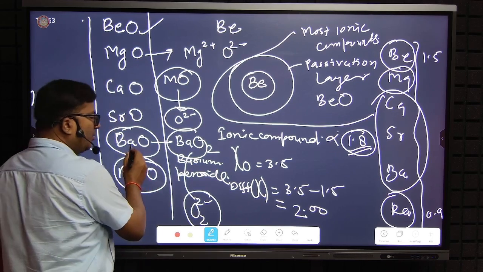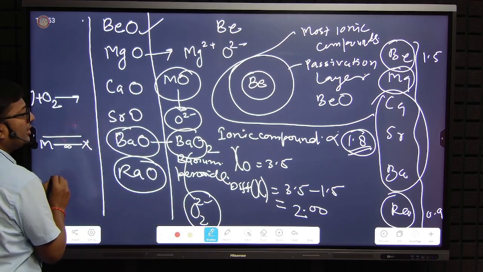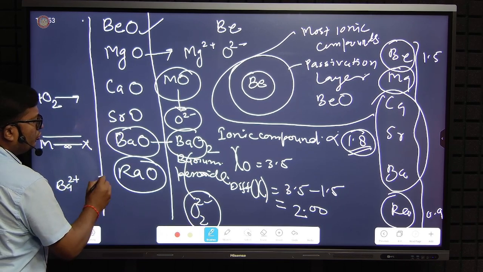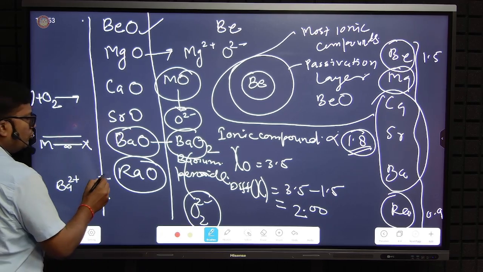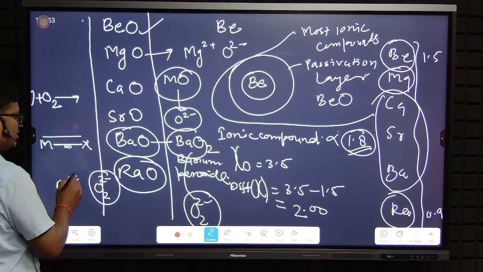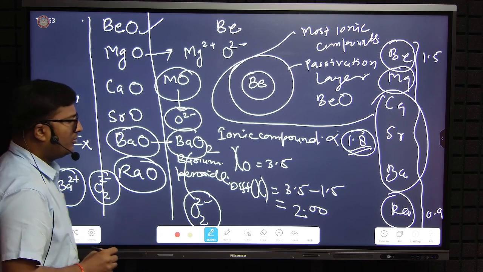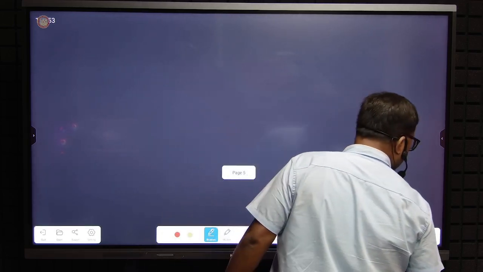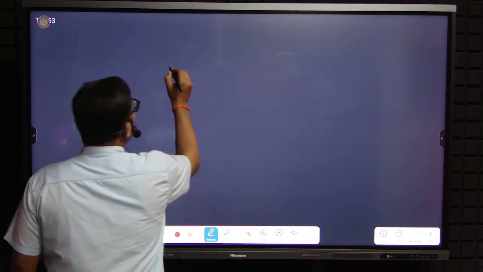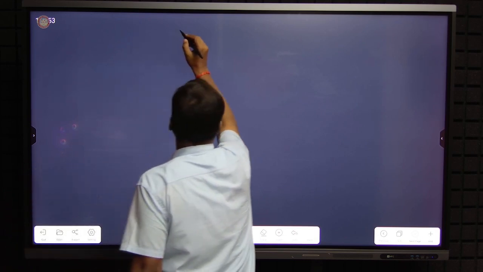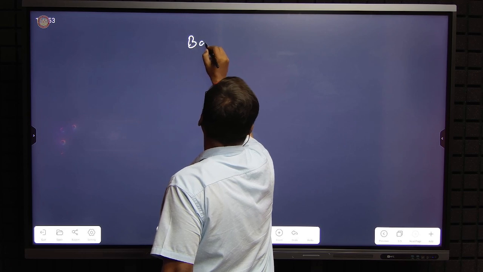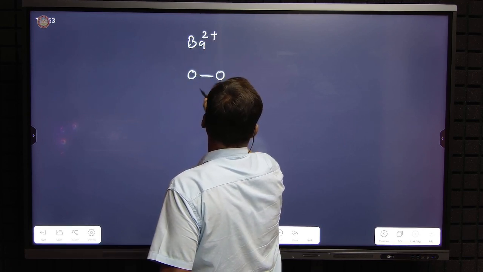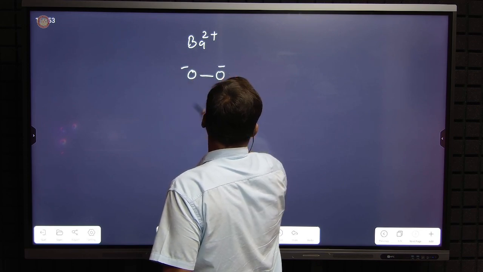So barium 2 plus can stabilize O2 2 minus. This is your peroxide and this is your barium cation. Suppose we have barium 2 plus and peroxide exists like that, right?